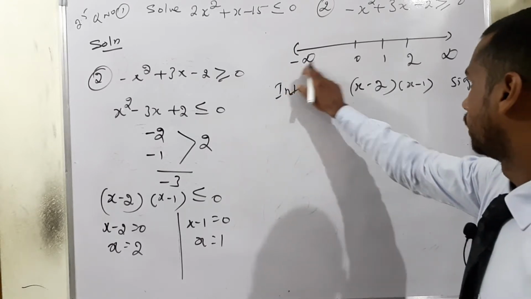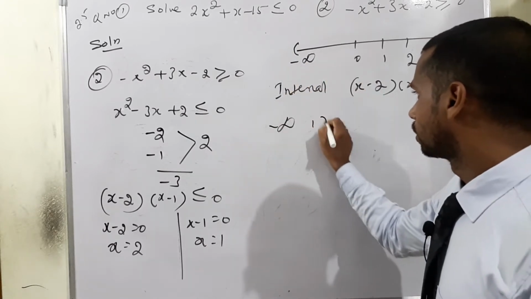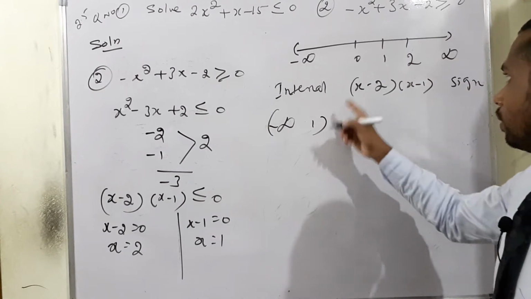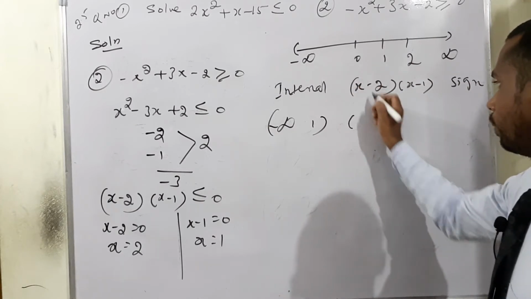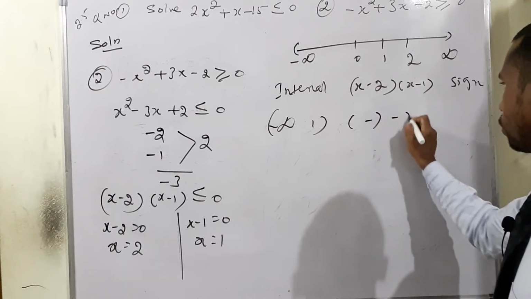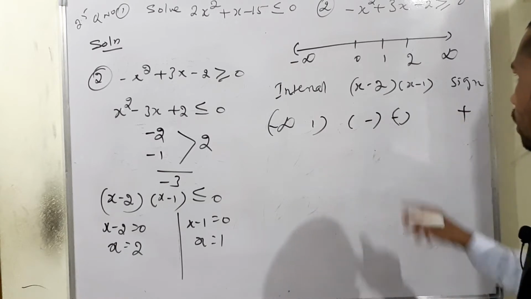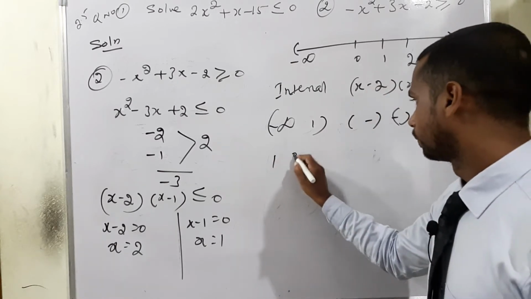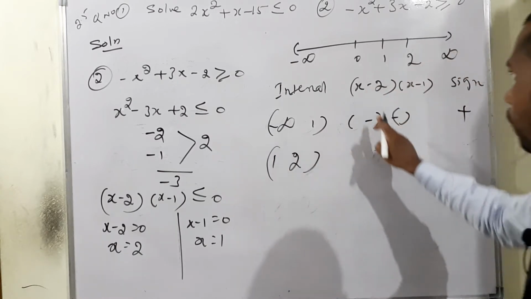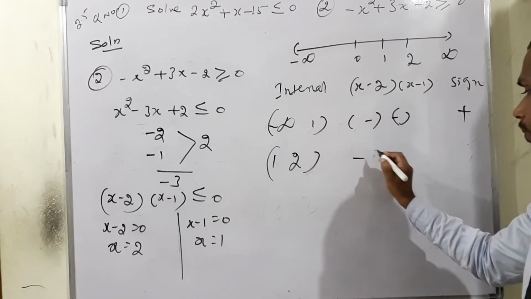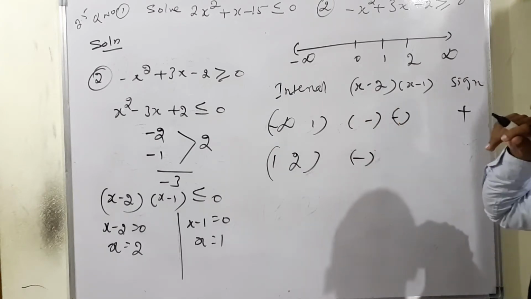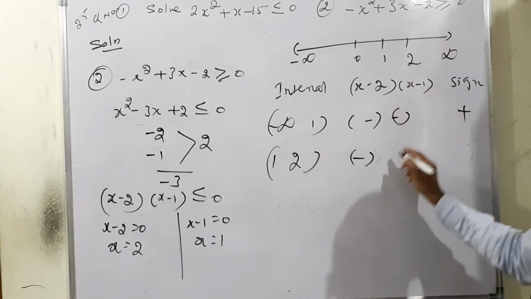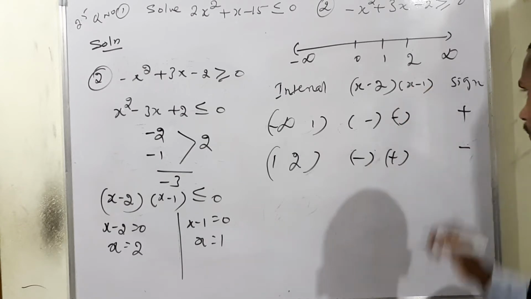First interval, minus infinity to 1. We can take 0 now. So 0 minus 2 is a minus sign, again 0 minus 1 is a minus sign. Minus into minus is plus. Next case, 1 to 2. Take 1.5. 1.5 minus 2 is a minus sign, and 1.5 minus 1 is plus. Plus into minus is minus.